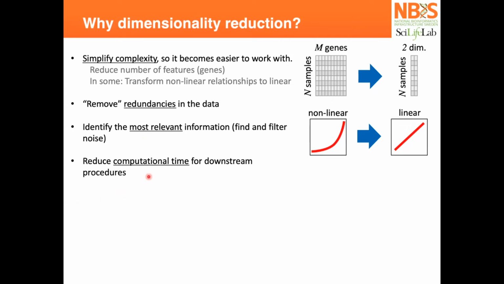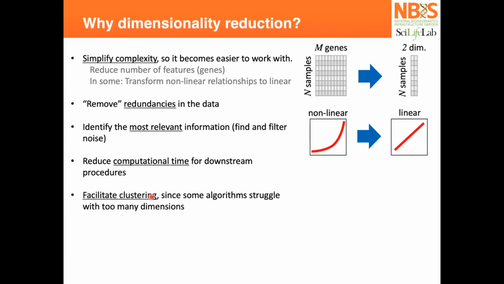Another purpose is to reduce the computational time, so you have less data to work with for downstream procedures. It also facilitates clustering, because many clustering methods will struggle if you have too many dimensions or if you just cluster on the raw data. If you first find the most relevant information in your data and then cluster on that, then you will likely have more robust results, and your clustering algorithms will also perform much better.